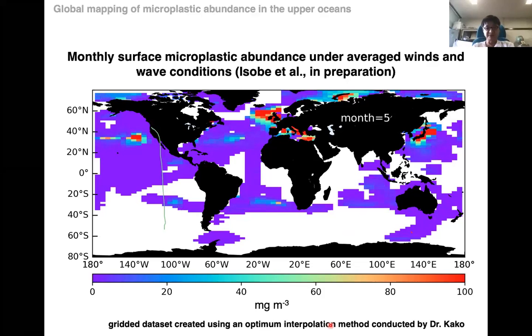The color means the concentration in units of milligrams per cubic meter. You can see that there are high concentrations of microplastic around Japan and the European countries, and even in the Antarctic Ocean.